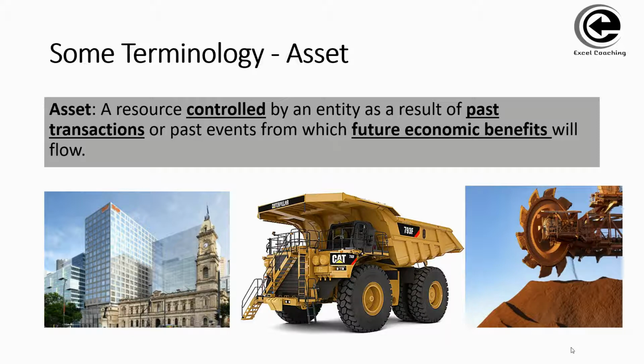Number two, it has to be as a result of a past transaction. And number three, it needs to generate future economic benefits. Some examples of an asset are land and building, machinery, inventory, or your cash balance. Very simplistically, assets are what you own.